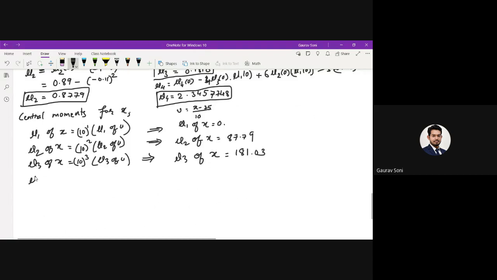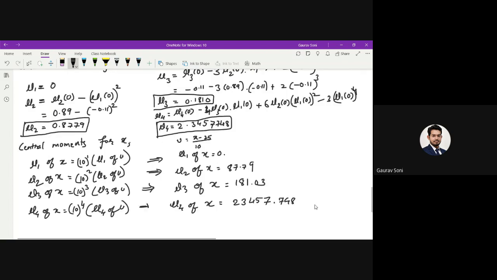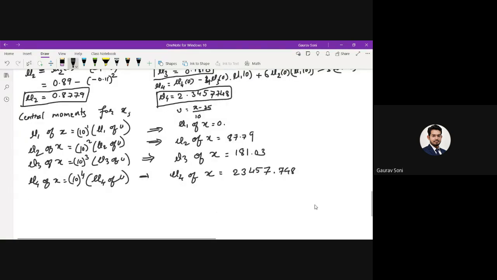And mu4 of x is equal to 10 raised to 4 into mu4 of u. So that gives mu4 of x equal to 23457.48. I hope everything is clear now.